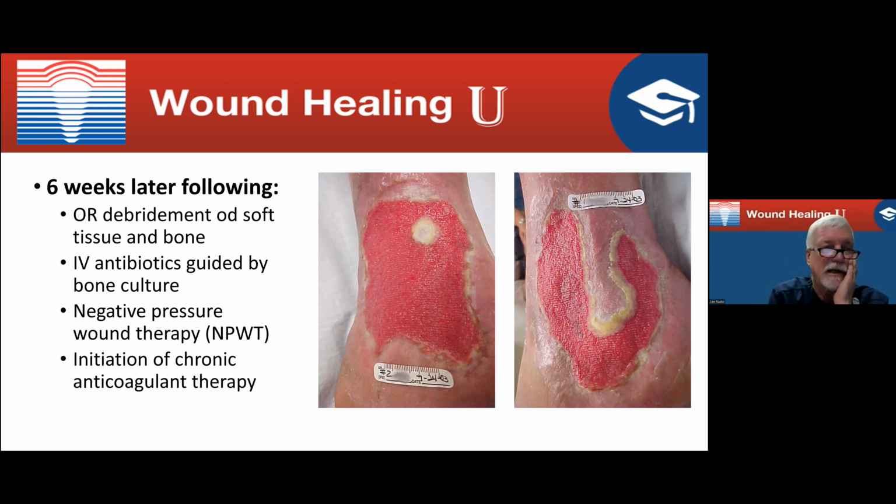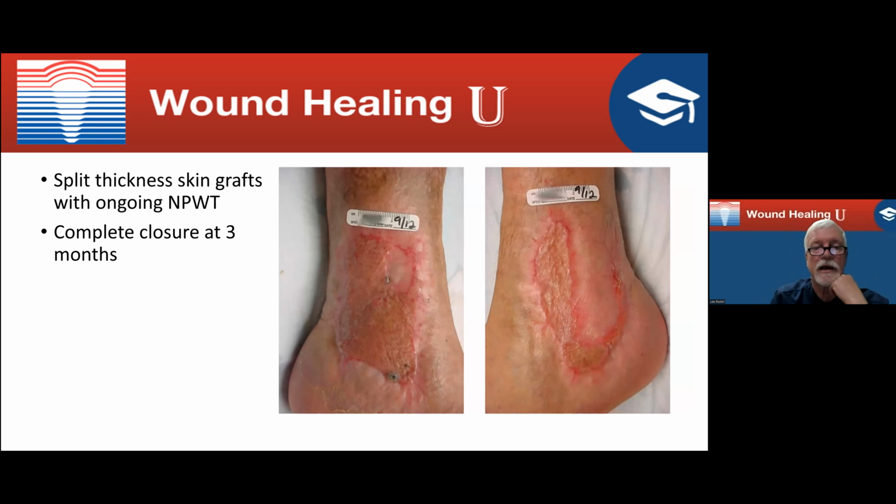Actually, we sent the hematologic testing from our initial clinic visit and then got him hematology follow-up. Initiation of chronic anticoagulant therapy was then undertaken. He subsequently had split thickness skin grafts with ongoing negative pressure wound therapy, and his wounds were completely closed at 3 months.